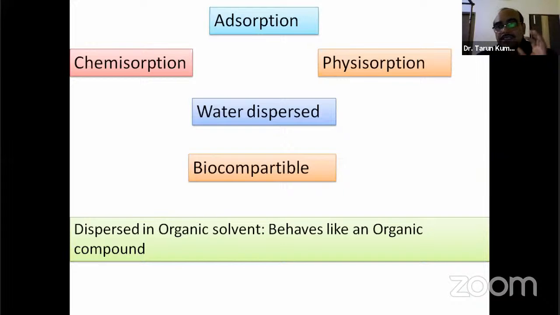So you have to choose a capping agent or stabilizing agent that can physically adsorb, which sometimes you can also remove very easily. Some dialysis processes are there. You can remove this.